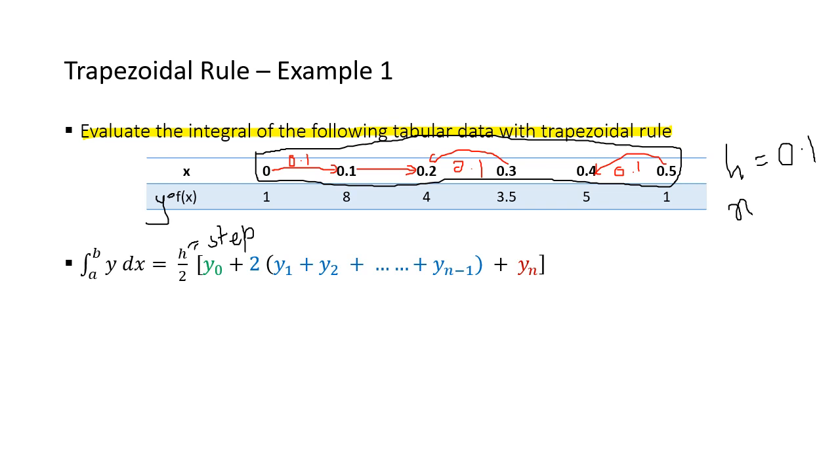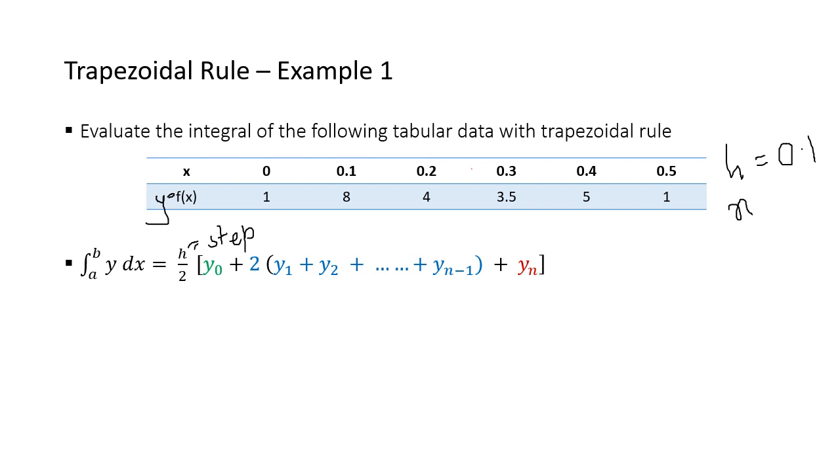Then n is the number of given data points minus 1. So how many data points are given? That is the first data point, second, third, fourth, fifth and sixth.